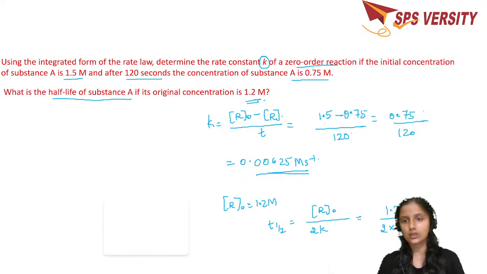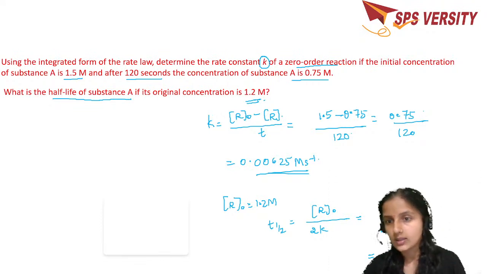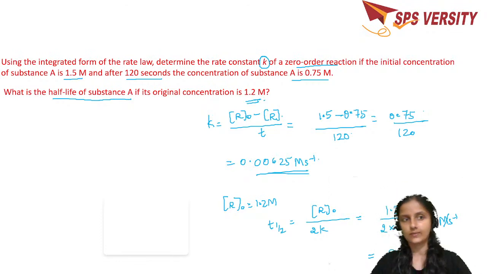If you do that, you get 1.2 divided by 2, whole thing divided by 0.00625. That's going to give you T half as 96. And since this is molar and K is molar per second, the molar cancels and the second goes to the denominator, so it becomes 96 seconds.